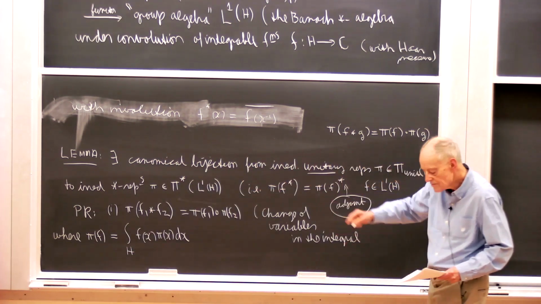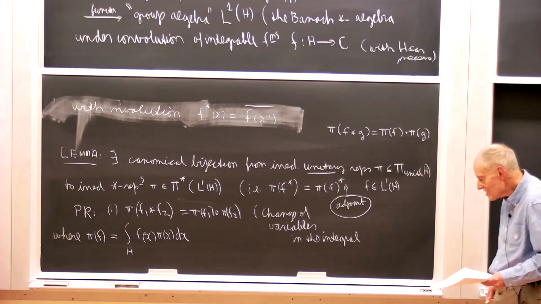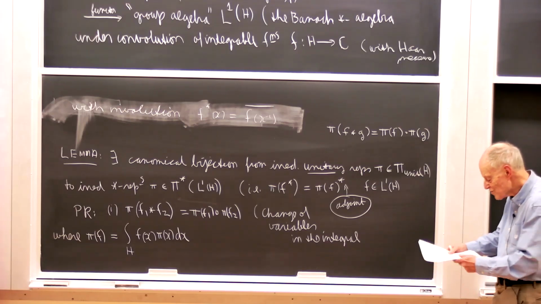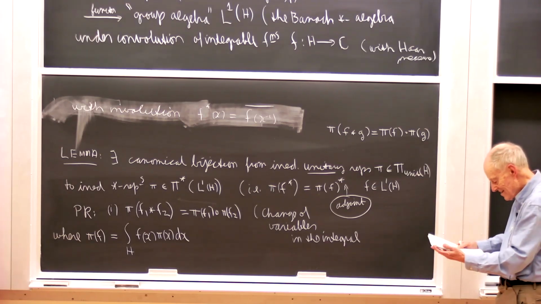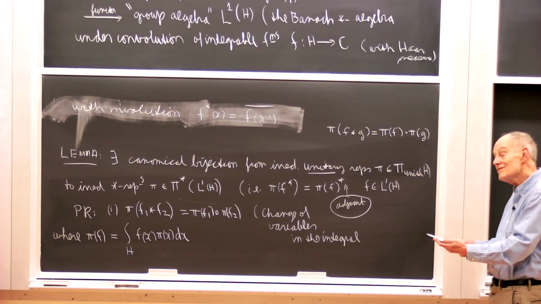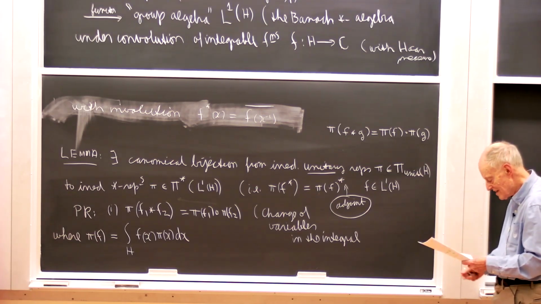And so that really is, if one looks at group algebras for finite groups, that's really what one is looking at, although at first glance it doesn't seem like that.